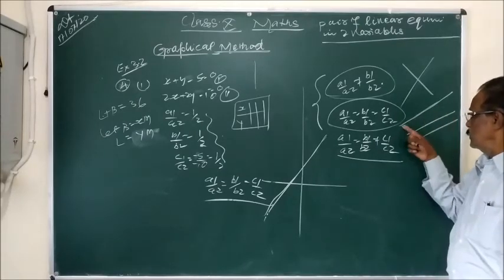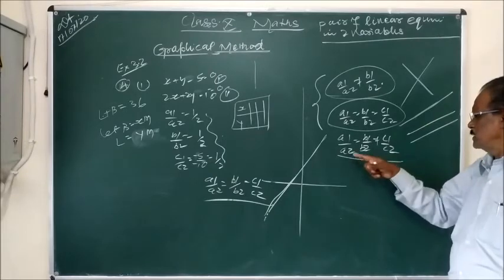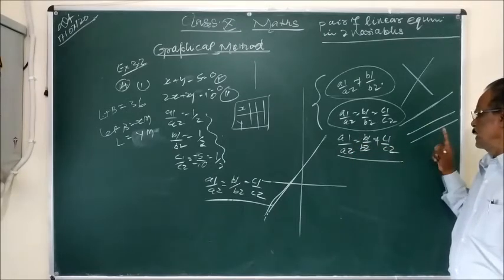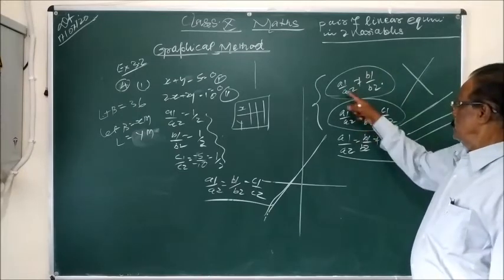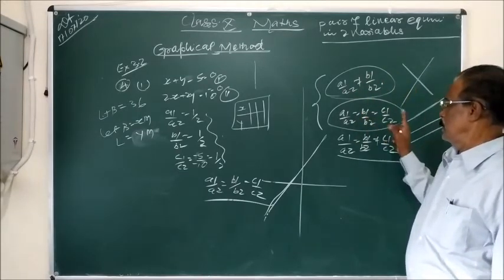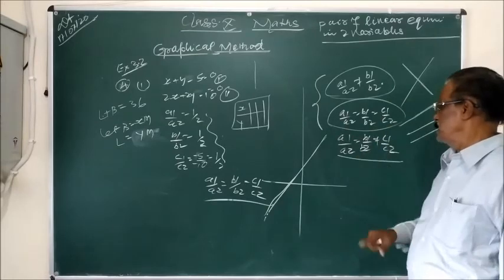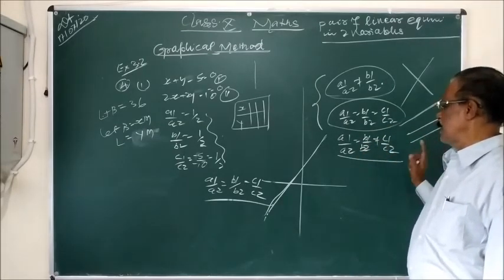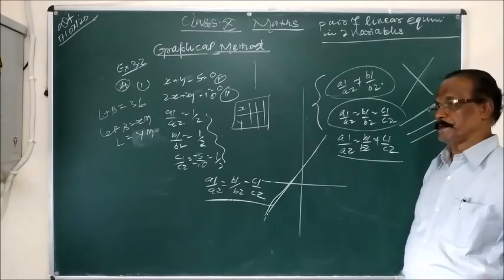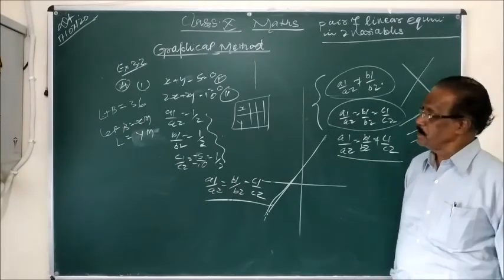They are called consistent, coincident. And if this condition, we will get parallel lines, no solution. And these two, if the equations have a unique solution or many solutions, they are also called consistent. And if this condition is found, no solution, lines are parallel, and this is called dependent or inconsistent equation.